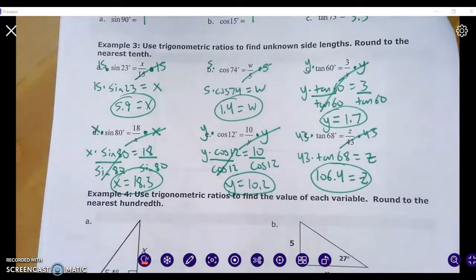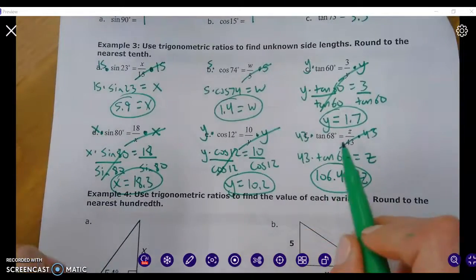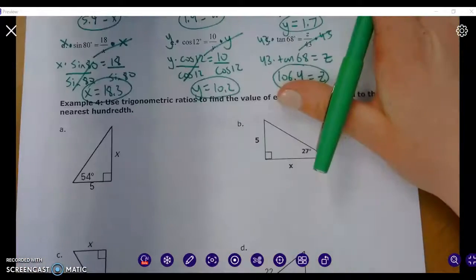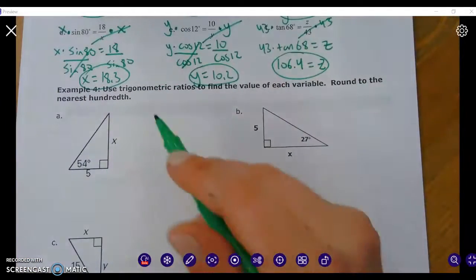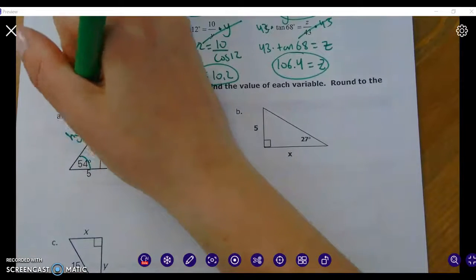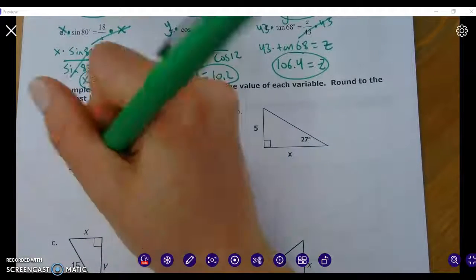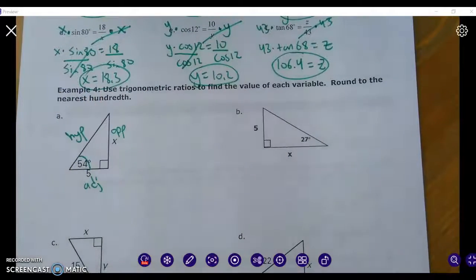Okay, so that's how you solve a trig equation. And so the last part to this is actually setting up the equations from a picture. So if we look here, we are given the 54 degrees, so that's the angle we're going to use. And then I'm going to label my sides from there. So that's going to be hypotenuse, opposite, and adjacent.